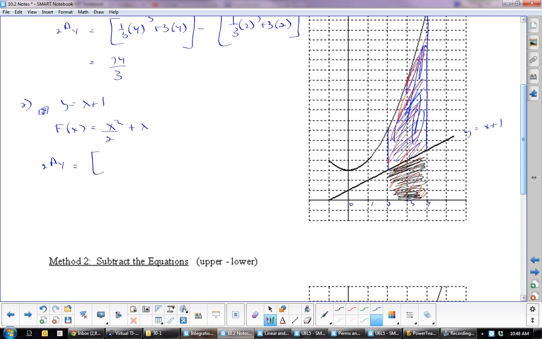So 4 squared over 2 plus 4 minus 2 squared over 2 plus 2, and you will get 8.